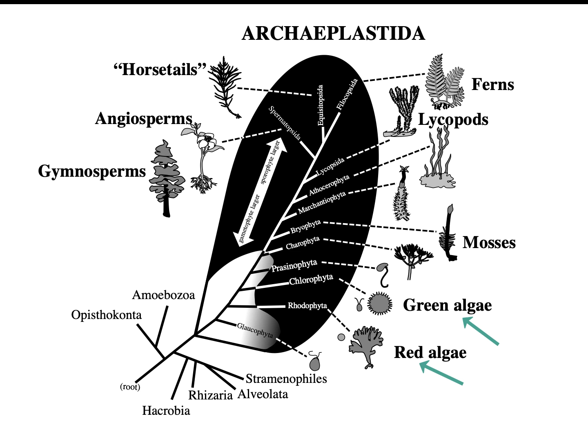And these can be unicellular, but then eventually some members have become multicellular. And then moving up further into the mosses and bryophytes, and then lycopods and ferns. And then over here are the horsetails and the angiosperms and gymnosperms on this line.